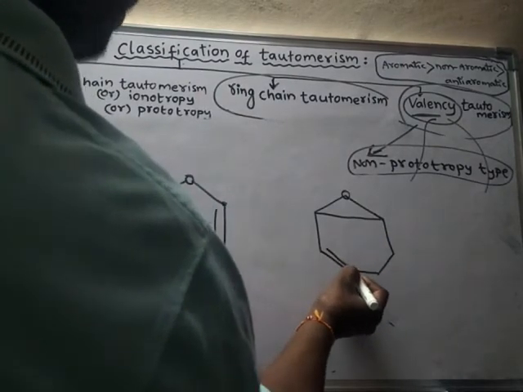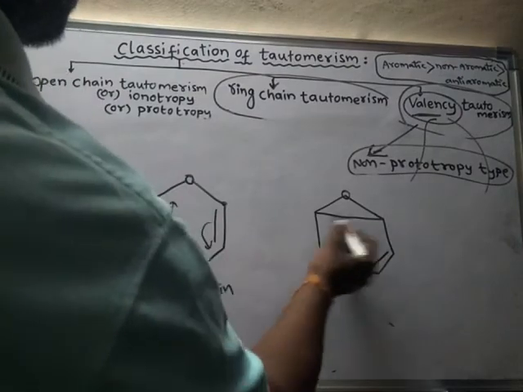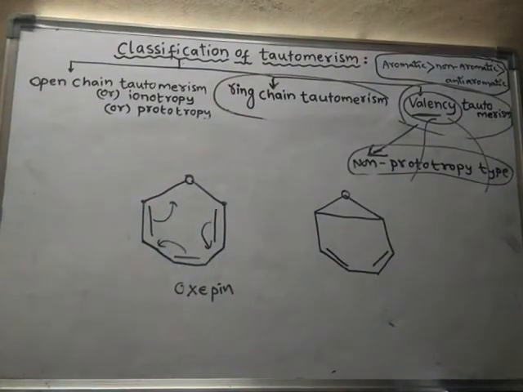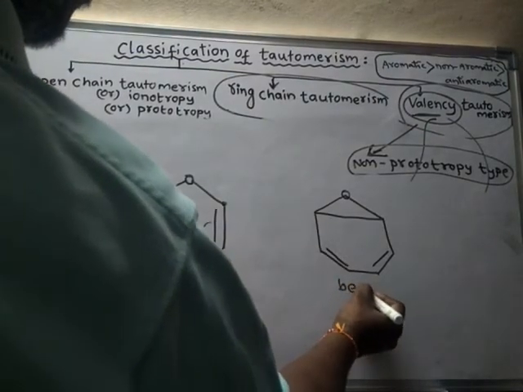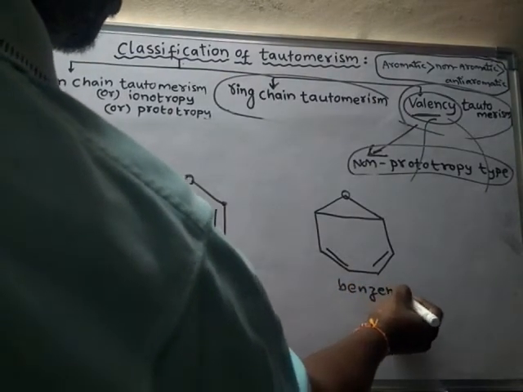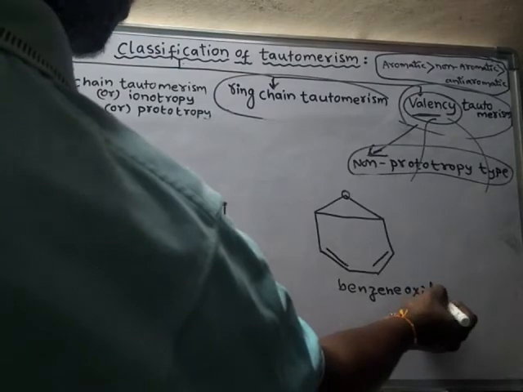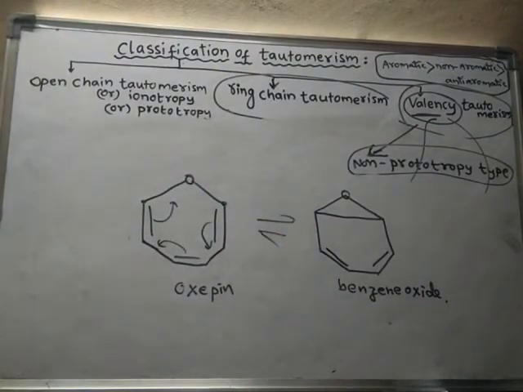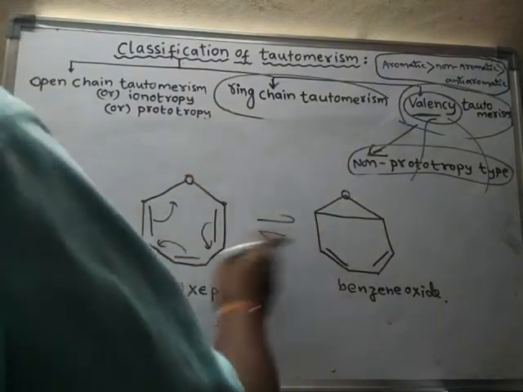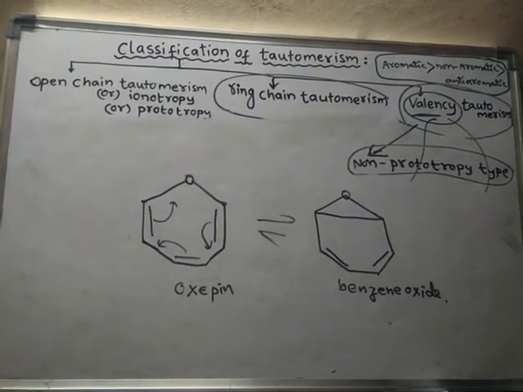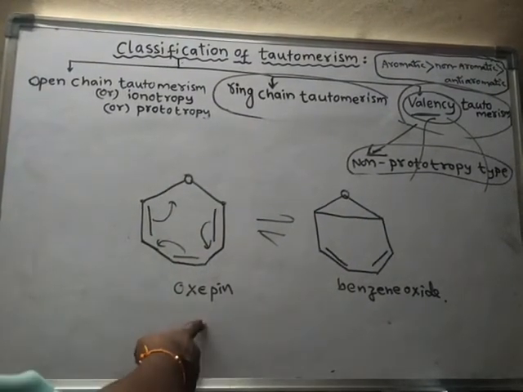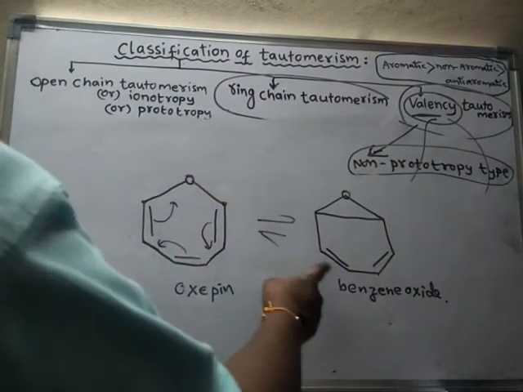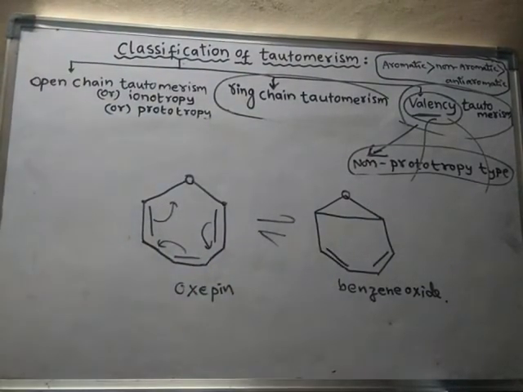So here a bond, here a bond. So this is the bond. Okay, this is called as benzene oxide. So like this. So these two are said to be valency tautomers to each other. So oxepin is valency tautomer to benzene oxide. So like this.